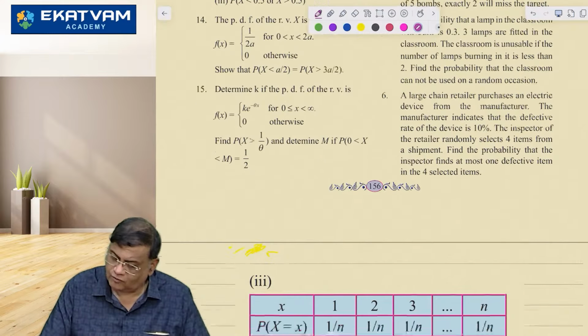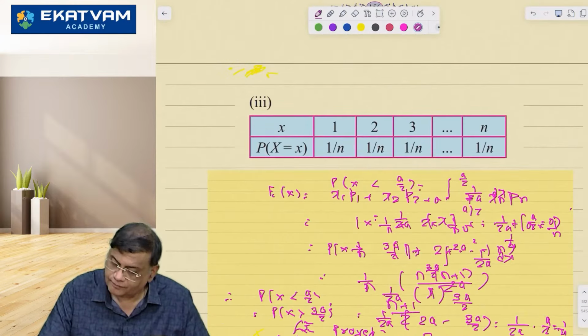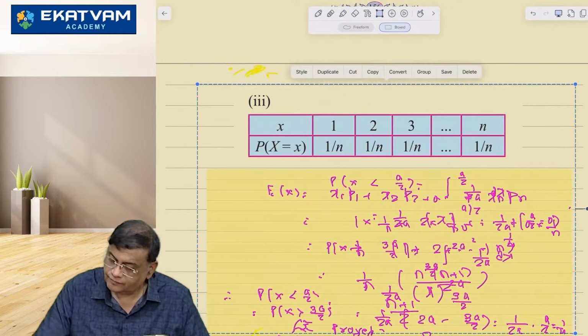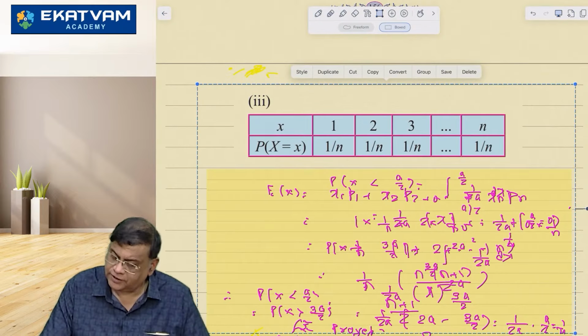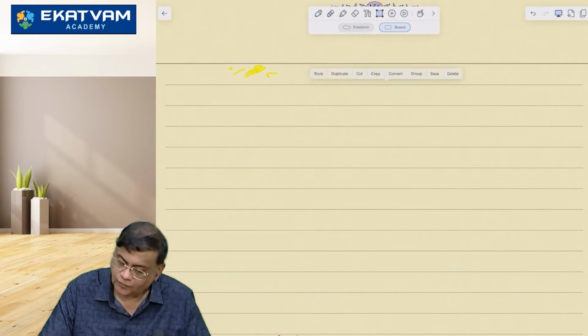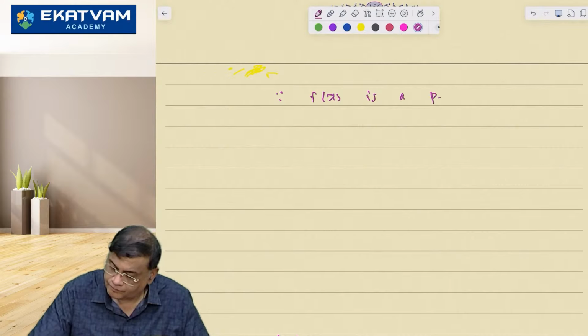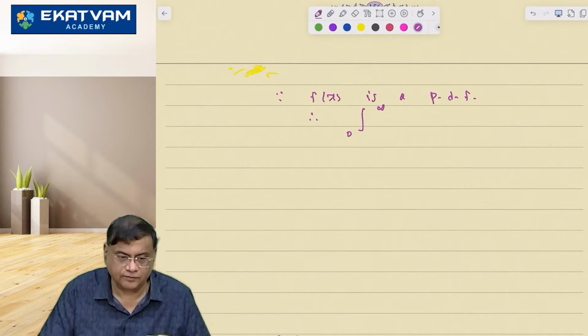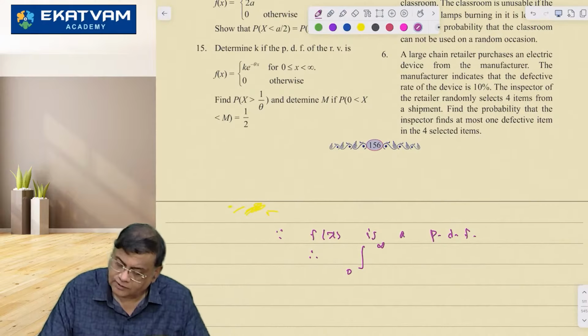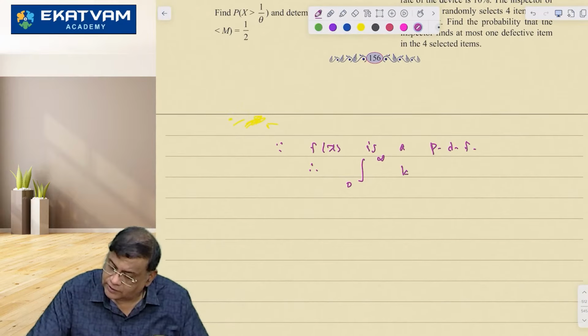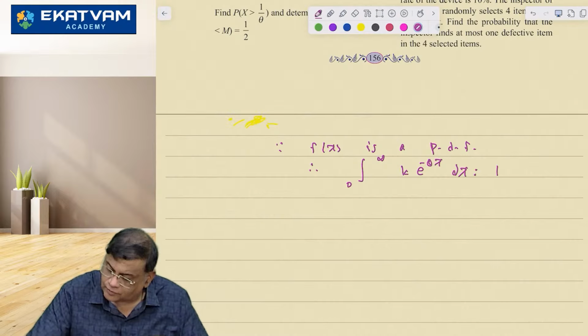Since f of x is the PDF, therefore integration, what range is given? 0 to infinity. Integral 0 to infinity of k e raised to minus theta x dx should be equal to 1.